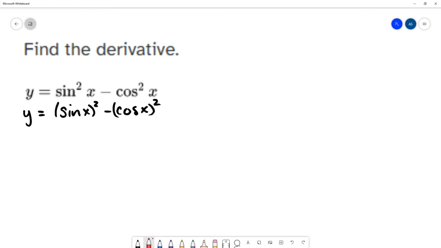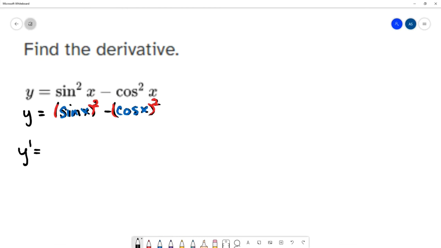Each one of these terms has an outside function and an inside function. The outside function is the power and the inside functions are the sine and the cosine. So I'm going to use the chain rule to calculate the derivative on each one of these.